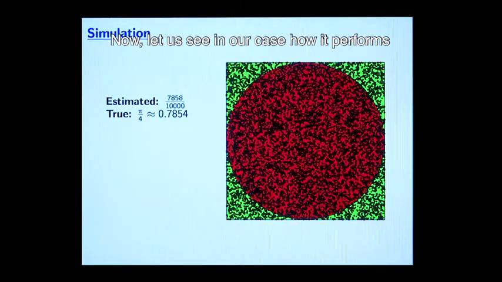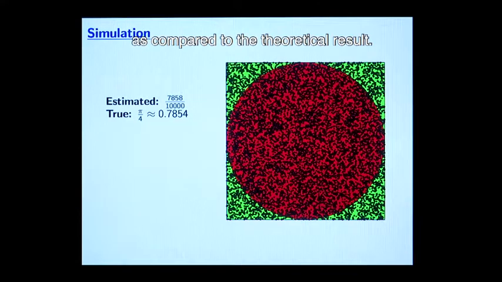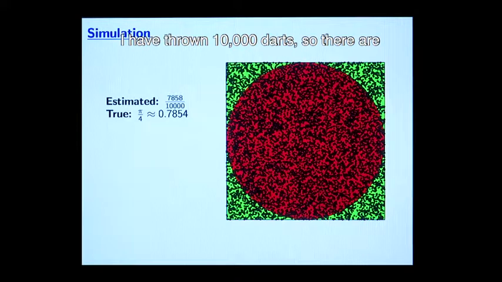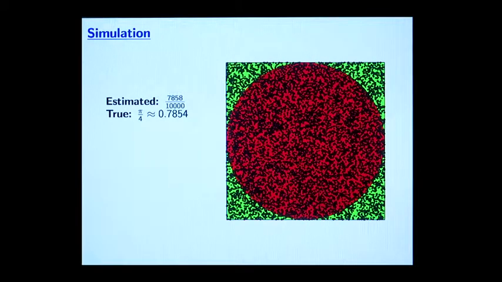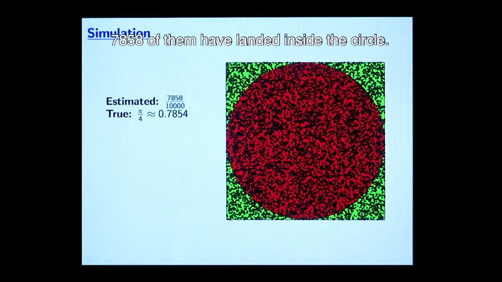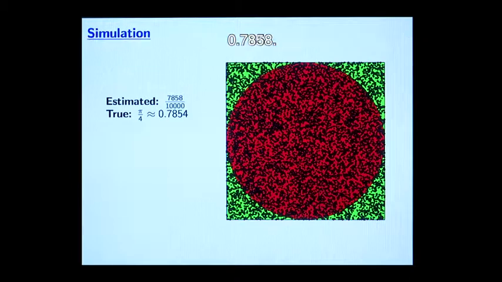Now, let us see in our case how it performs as compared to the theoretical result. Here I have just now carried out the experiment. I have thrown 10,000 darts. So, there are 10,000 tiny little dots, out of which I have counted, of course using a computer, 7858 of them have landed inside the circle. So, I am estimating the probability of hitting the circle as 0.7858.